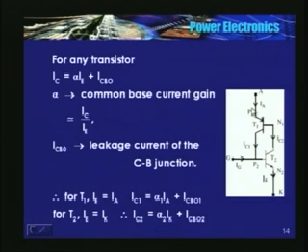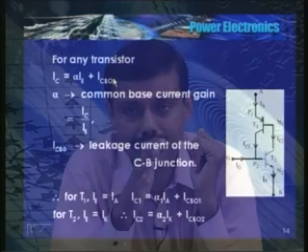Therefore, IC1 is equal to alpha 1 into IA plus ICBO1, where ICBO1 is the leakage current of the collector to base junction of transistor T1.